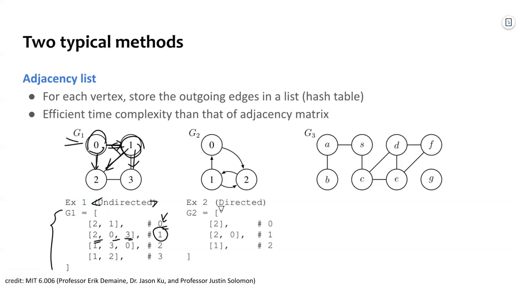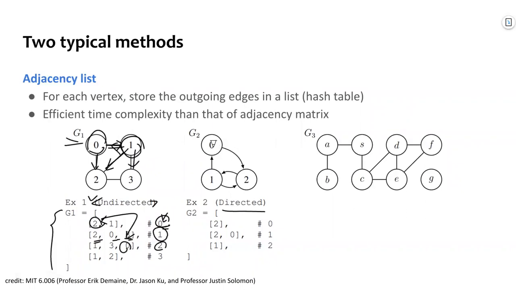And in the case of directed graphs, we only store the outgoing edges. So in the case of undirected graphs, for 0 and 2, 0 contains 2 and 2 contains 0. So they are storing each other in the sublist of edges. However, in the case of directed graphs, we only store outgoing edges.